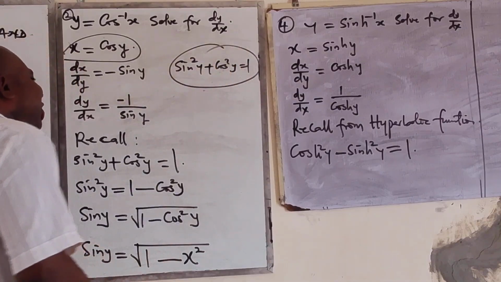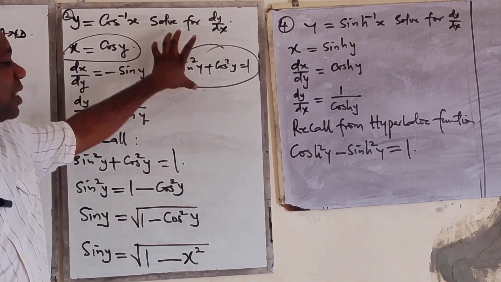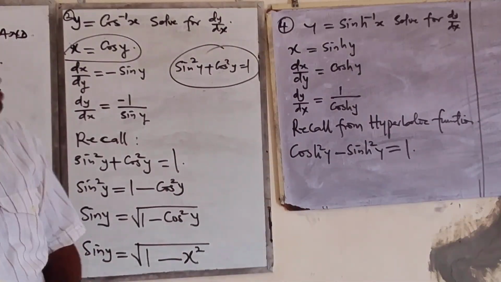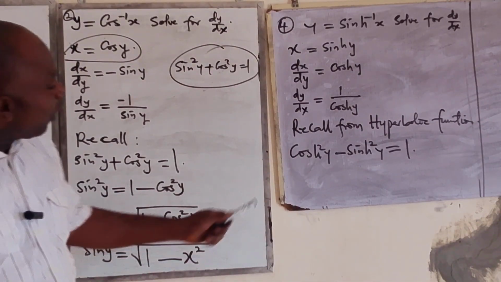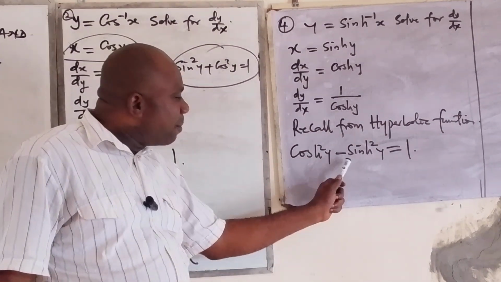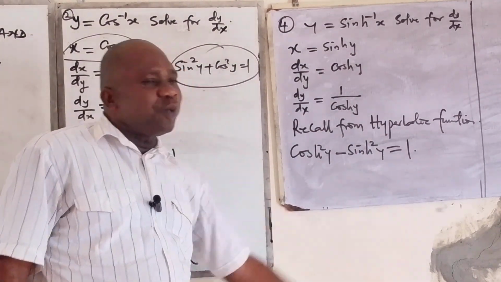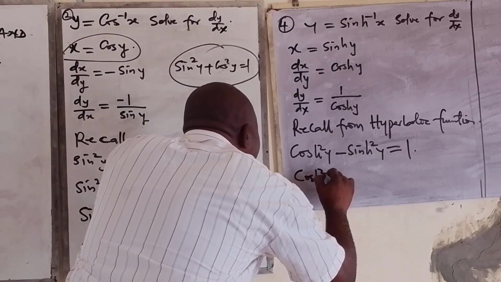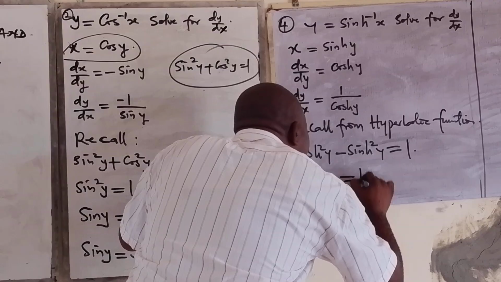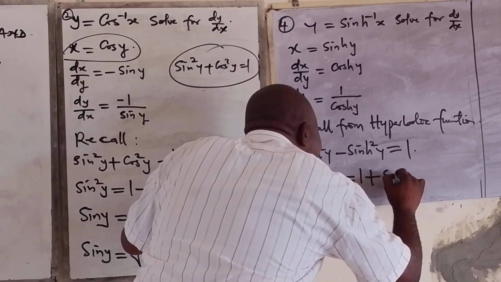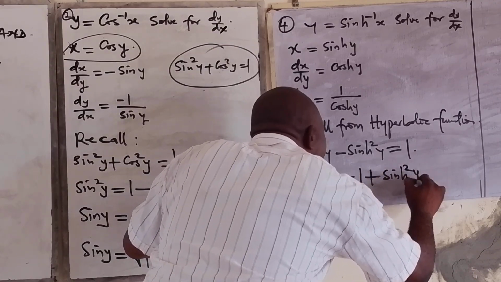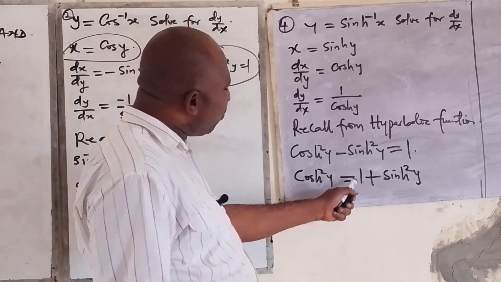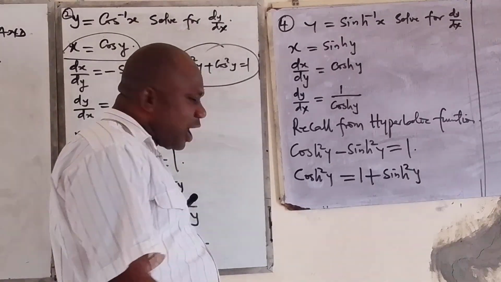We all know that trigonometry actually came from the circle, while hyperbolic comes from the hyperbola. So cos h square y minus sine h square y is equal to 1, and here our cos h square y will be equal to 1 plus sine h square y.